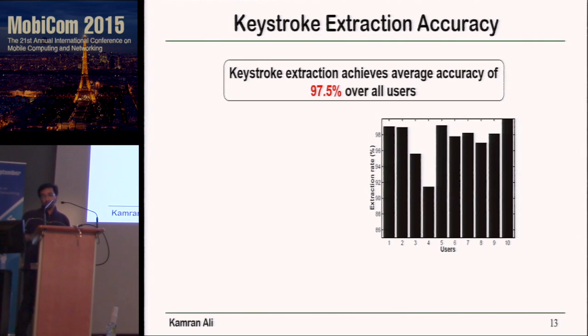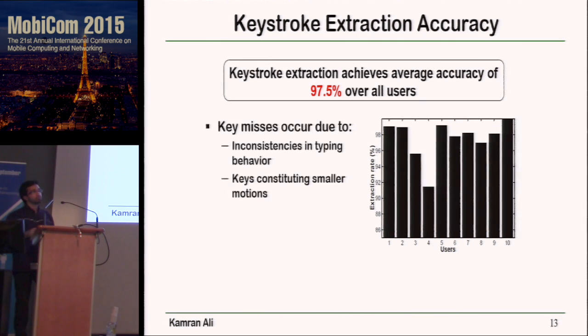However, we did notice that our algorithm missed some keystrokes, which happens either because some users have inconsistencies in their typing behavior, or when the keys being pressed constitute a small amount of motion, for example J or F, which are usually directly underneath the fingers of the user when he is typing. So this is the keystroke extraction accuracy performance.